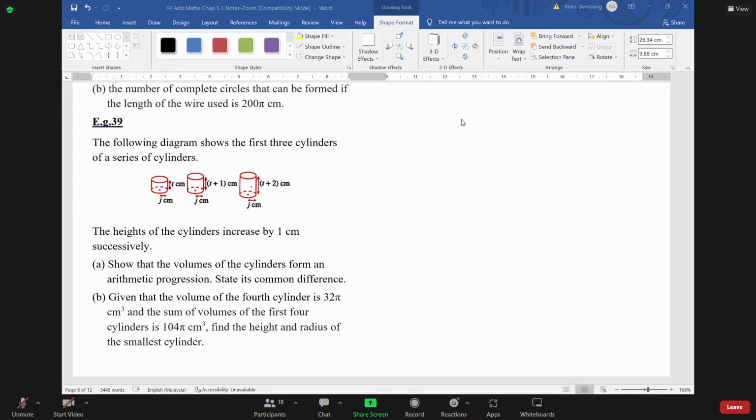State the common difference. So we find the volume. They ask you to show the volume is an arithmetic progression, so you must show the common difference.